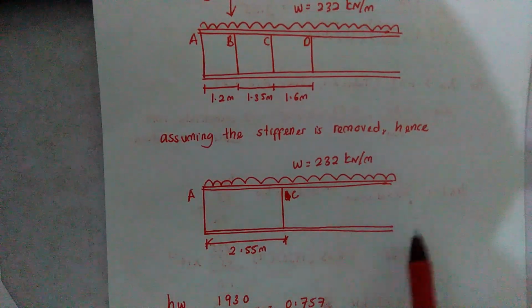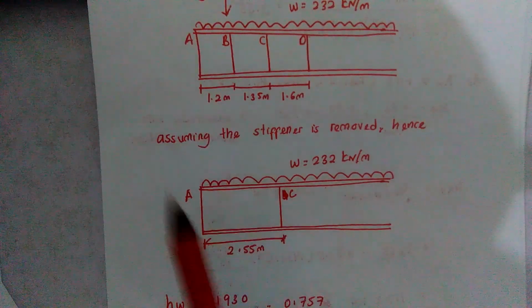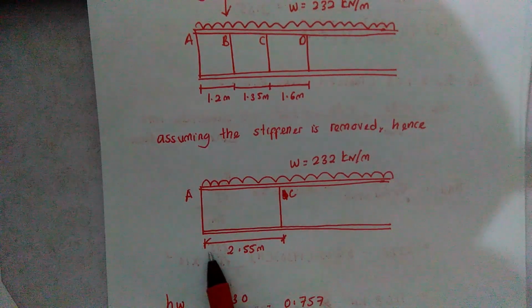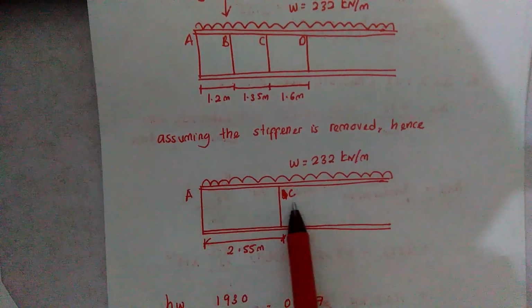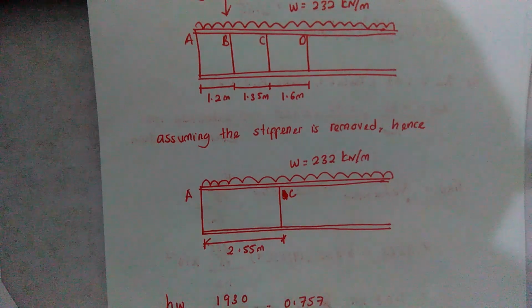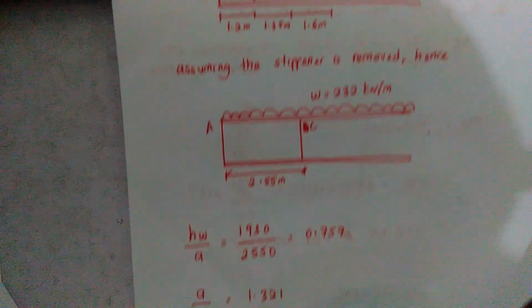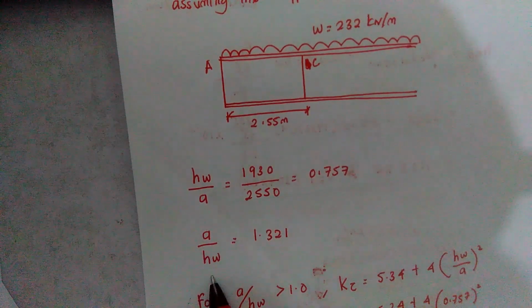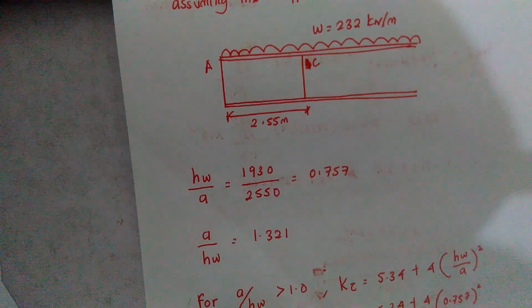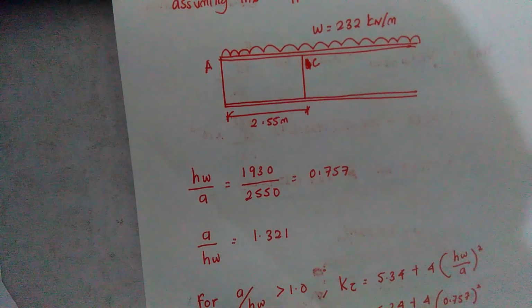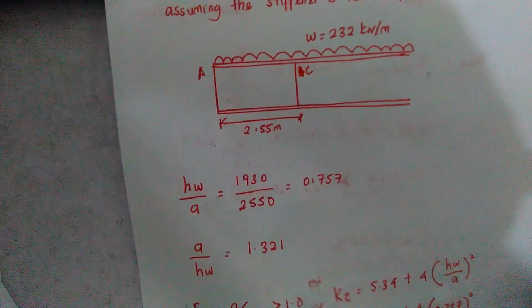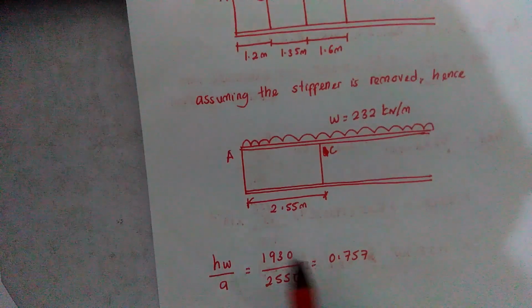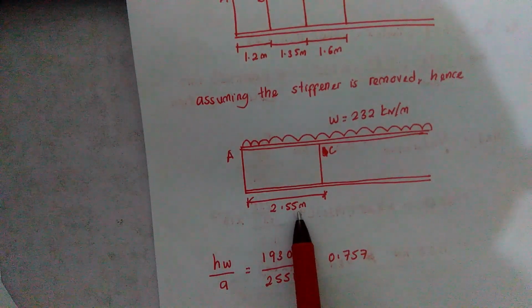By removing panel B, we now have a distance of 2.55 meters, which is panels A and C. So for you to calculate the value of a over hw, referring to clause 5.12 EC3 Part 1.5, the a here, when you design the stiffener, is given as 2.55 meters.